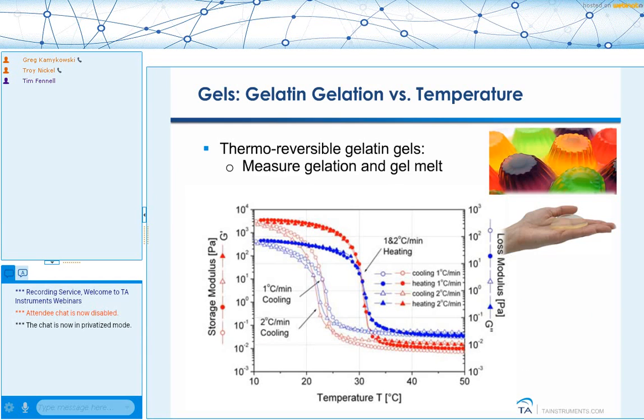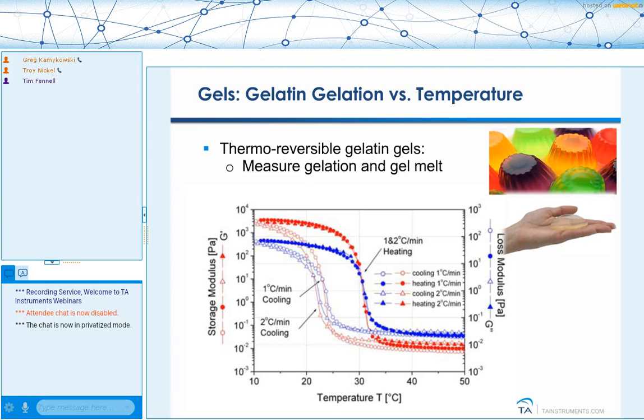We can do temperature ramps on gelatin materials, and we can start the test like this at 50 degrees C, and as we go down, we reach a point where the material starts to gel. That's what we're picking up around 25 degrees C. And then we go down to 10, and it is still in the gel state, but we could bring it back into the liquid state by just heating it up, and you can see that we generally have to go to higher temperatures to liquefy the material again to break down the gel than we did when we did the cooling.